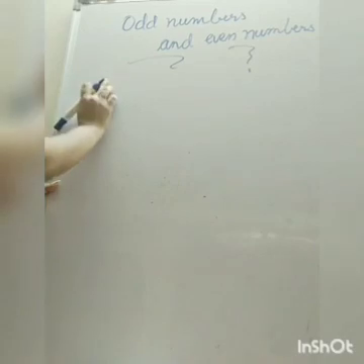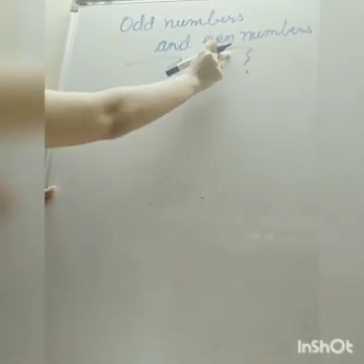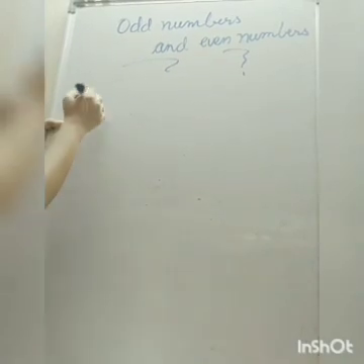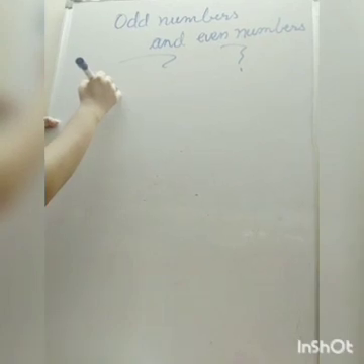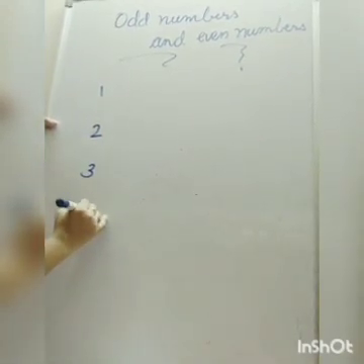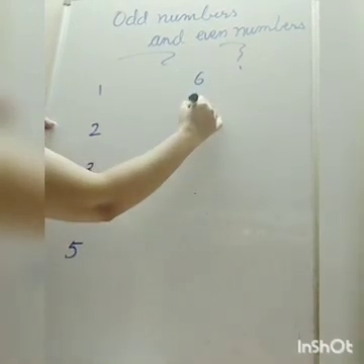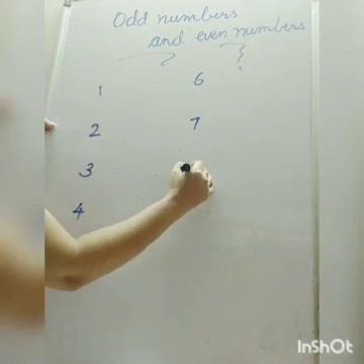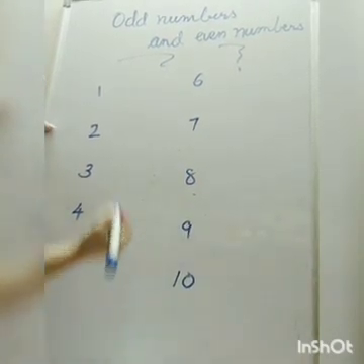My dears, the next topic is odd numbers and even numbers. We can understand odd and even numbers by using dots. 1, 2, 3, 4, 5, 6, 7, 8, 9, 10.